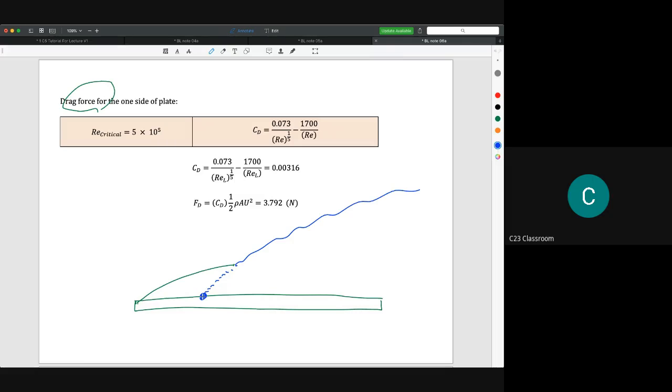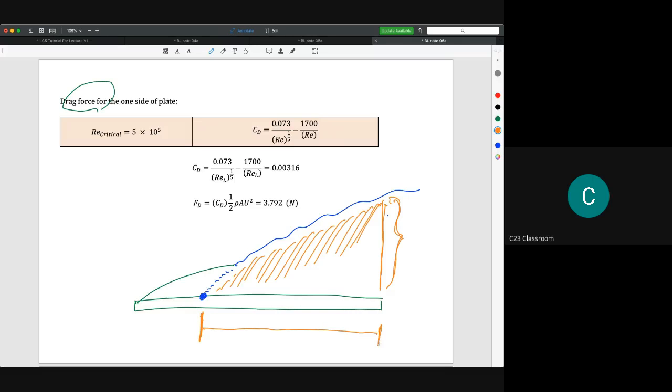However, previously we calculated the final boundary layer thickness at the end here using the turbulent. So this is all turbulent boundary layer, and it is okay because we are taking this length in our calculation.